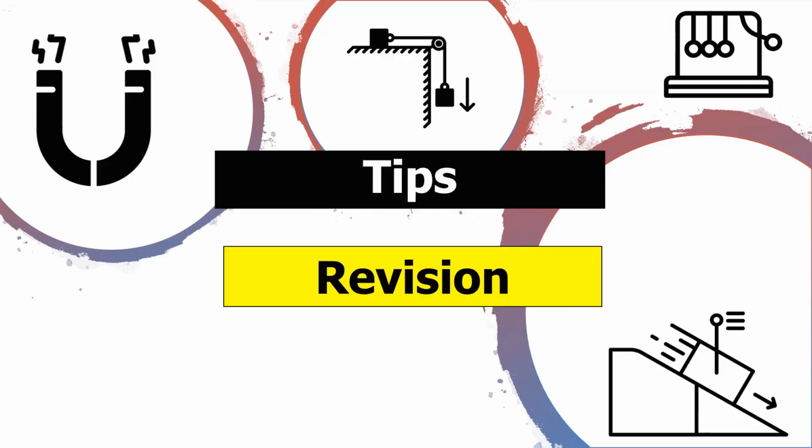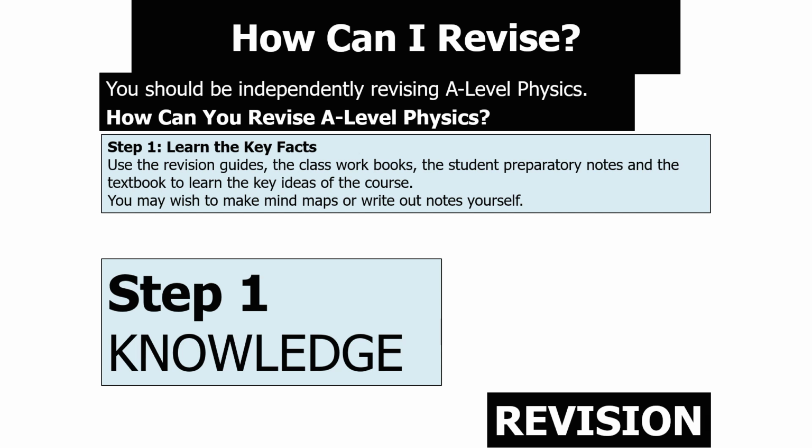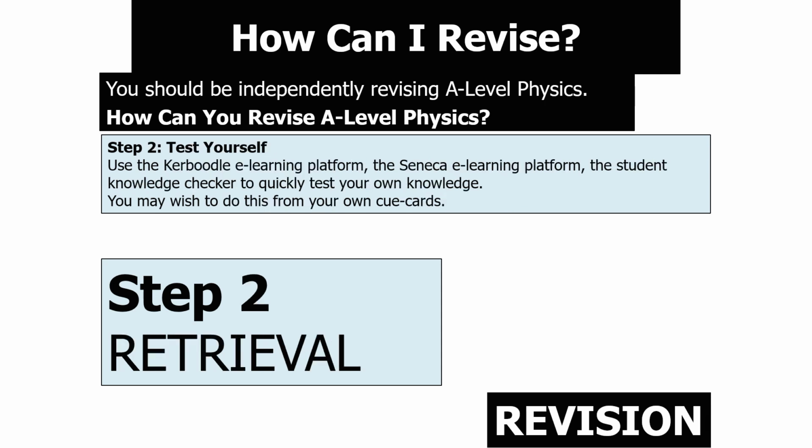How should you be revising AQA A-Level Physics in general? Well, the first thing you should be doing is learning the key facts, so use the revision guides, the class workbooks, prep notes in the textbook to learn key ideas of the course. You may wish to make mind maps or write out notes yourself. The second step is to test yourself, to retrieve your understanding. So use Caboodle, use Seneca, use knowledge checkers to quickly test your own knowledge, and you may wish to do this from your own cue cards.